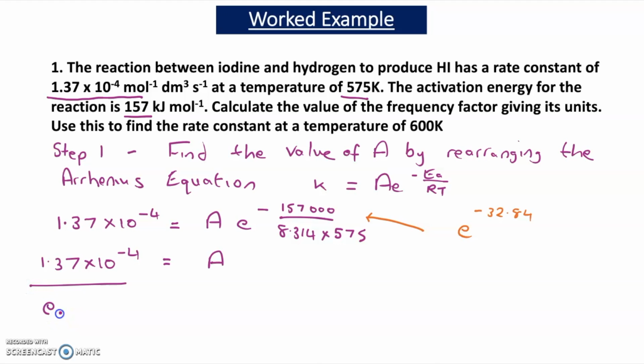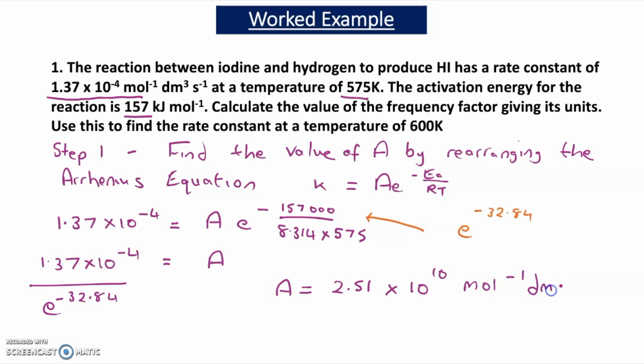It's going to be 1.37 times 10 to the minus 4 divided by e to the minus 32.84, which is equal to A, because I've just rearranged this equation. Now, when you put this into the calculator, you should get a value of A that comes out to be 2.51 times 10 to the 10.